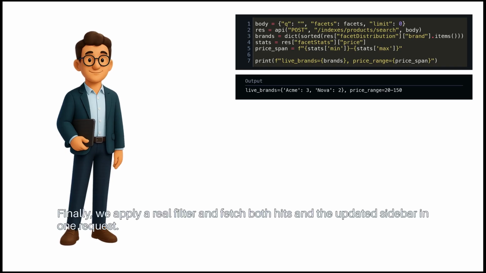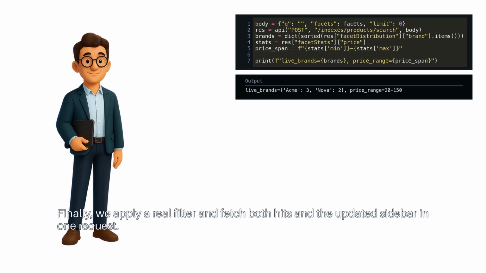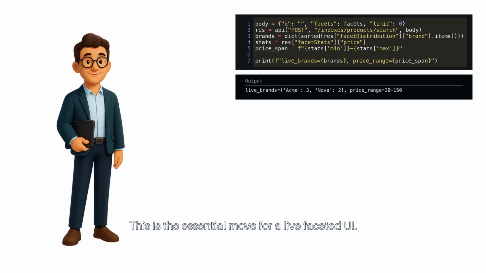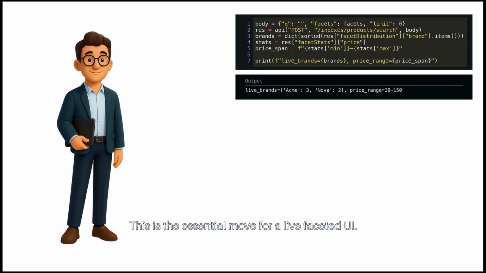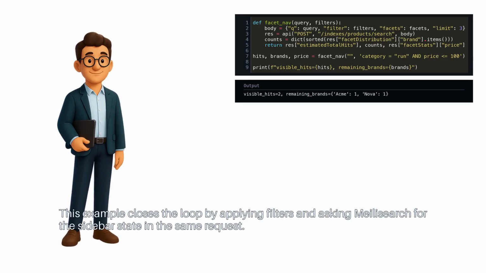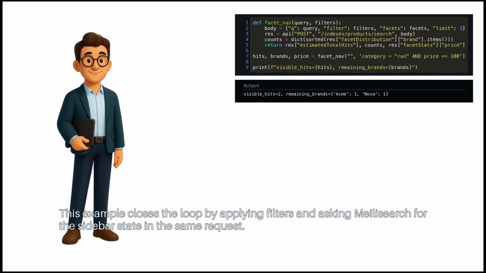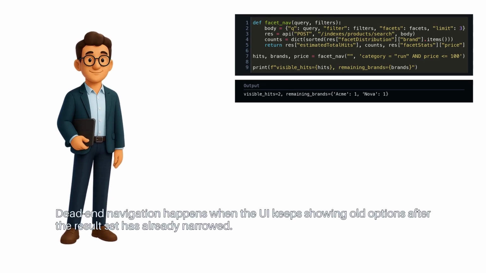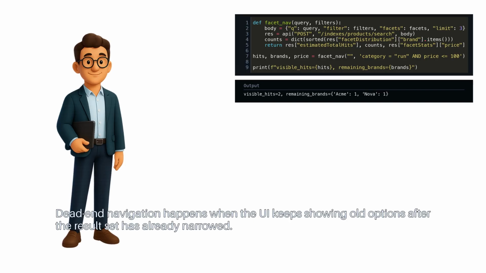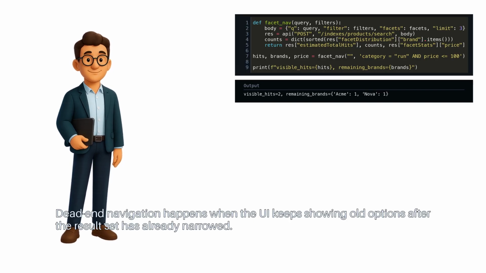Finally, we apply a real filter and fetch both hits and the updated sidebar in one request. This is the essential move for a live, faceted UI. This example closes the loop by applying filters and asking Meilisearch for the sidebar state in the same request. Dead-end navigation happens when the UI keeps showing old options after the result set has already narrowed.